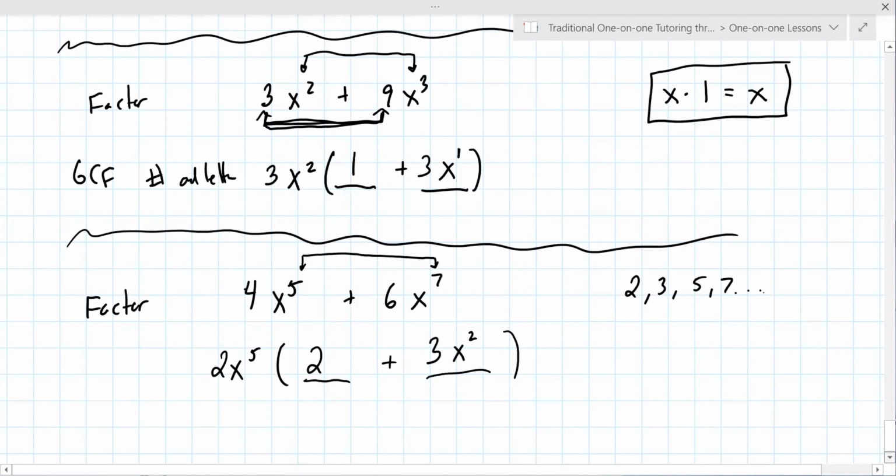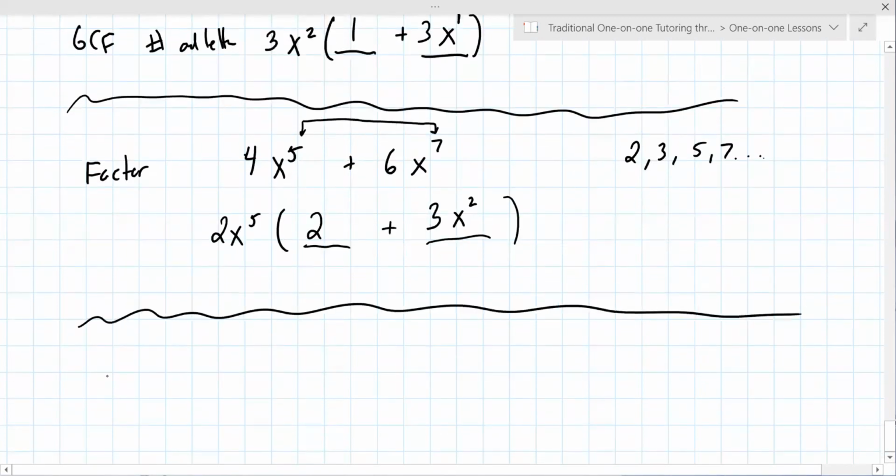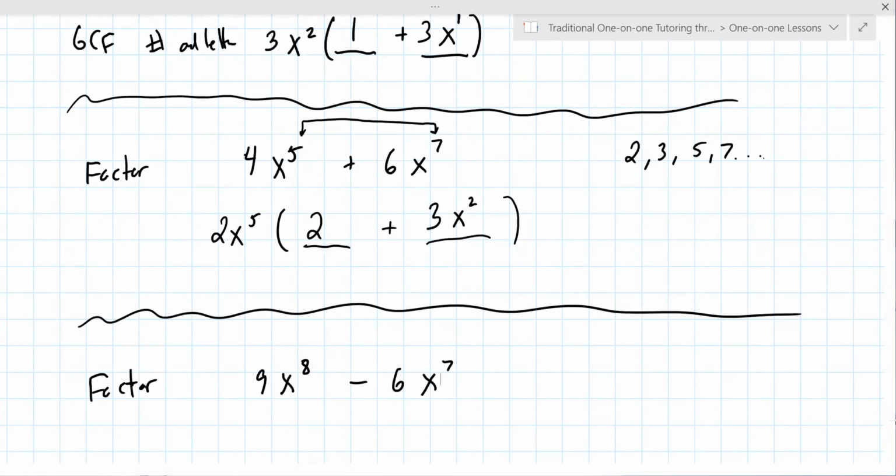So let's try another one. Factor 9x to the 8th minus 6x to the 7th. So 3x to the 7th.